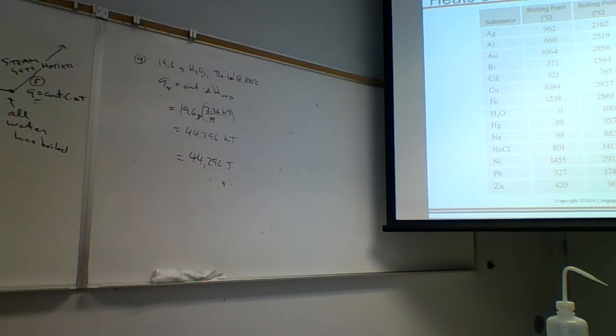To boil the water here, it requires a lot of heat. I didn't draw this to scale. If I drew this to scale, this would be the longest. We have to continue to add lots and lots of heat. So this is 44,296 joules worth of heat that we're adding. By far the most heat is going to be step 4 so far.